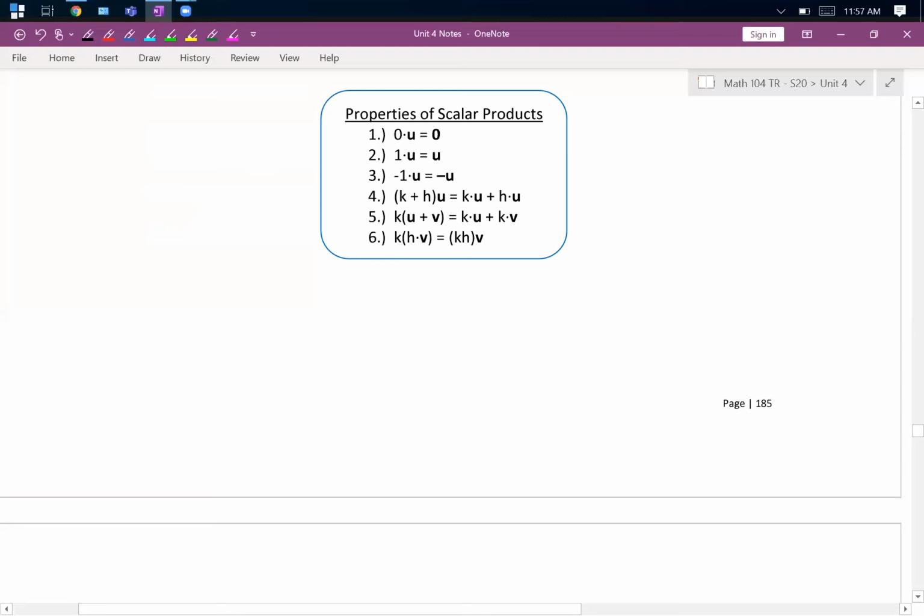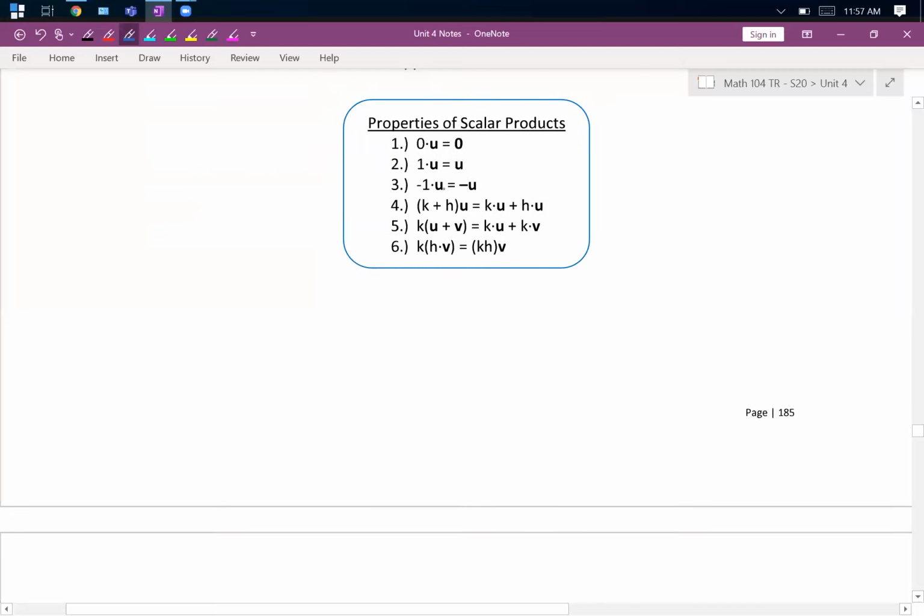Properties 4 and 5 here just have to do with distribution. It's just saying that if you have a sum times a vector, you can just distribute the vector in, or if you're supposed to add two vectors and multiply by a scalar, you can just distribute it in. Honestly, I don't typically distribute. I usually clean up what's inside the parentheses first and then just multiply one time, but we can distribute if we so choose to.